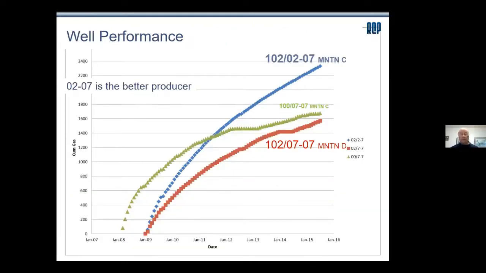And this is, I guess, another way, a better way, of depicting this well performance, in that we're looking at accumulated gas over a period of time after the wells were stimulated and then flowed back. And in this case, we're looking at the Montney C production from the 2 of 7 well exceeding that of the 7 of 7 well, which was completed in the Montney D.